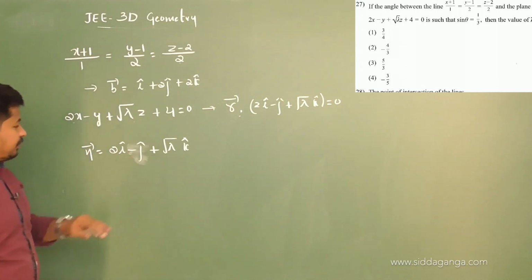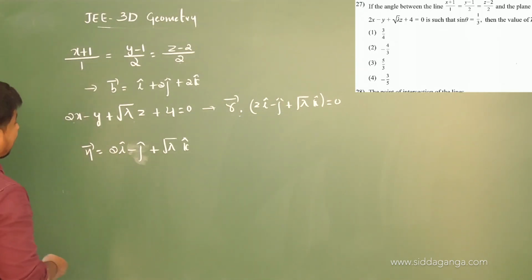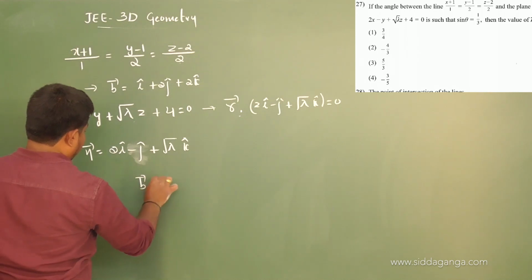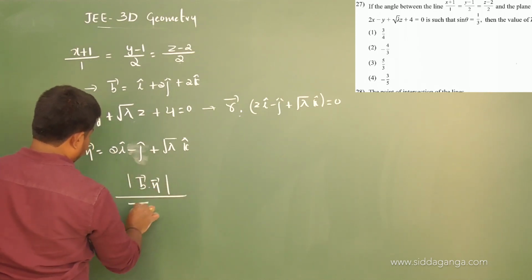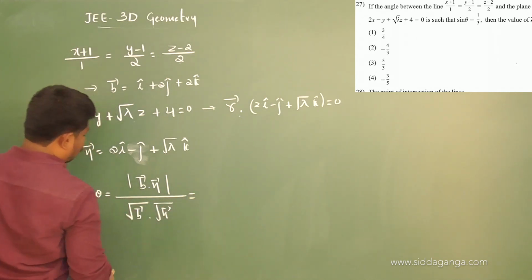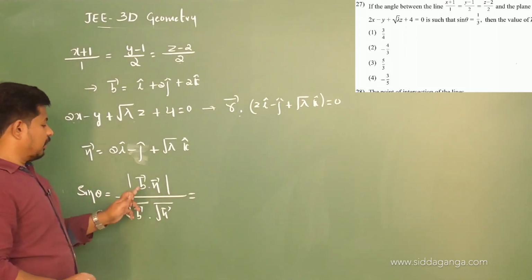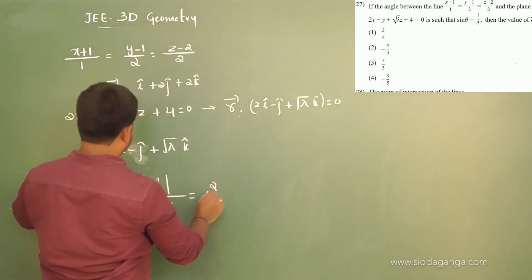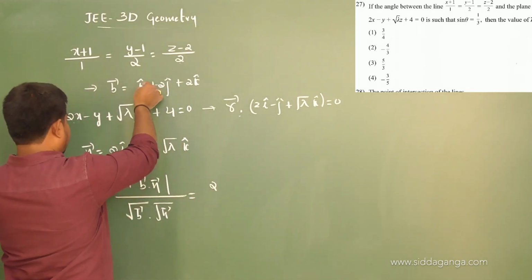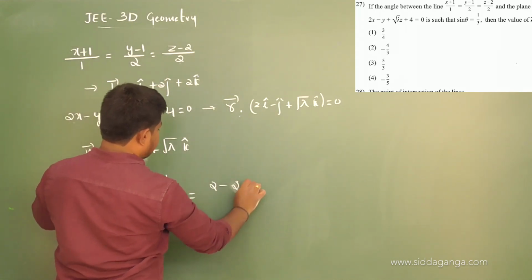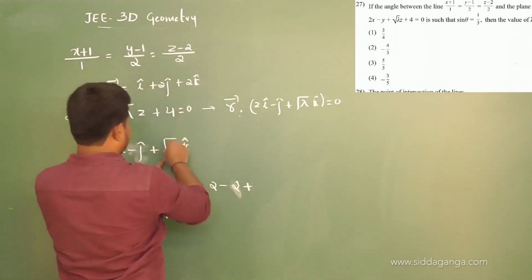Now we know the formula to find the angle between a plane and a line: sin theta is equal to b dot n divided by the magnitudes of b and n. So b dot n is the dot product of these two: a1 into a2, b1 into b2, that is 2 into minus 1, minus 2, plus c1 into c2, so 2 into root lambda.